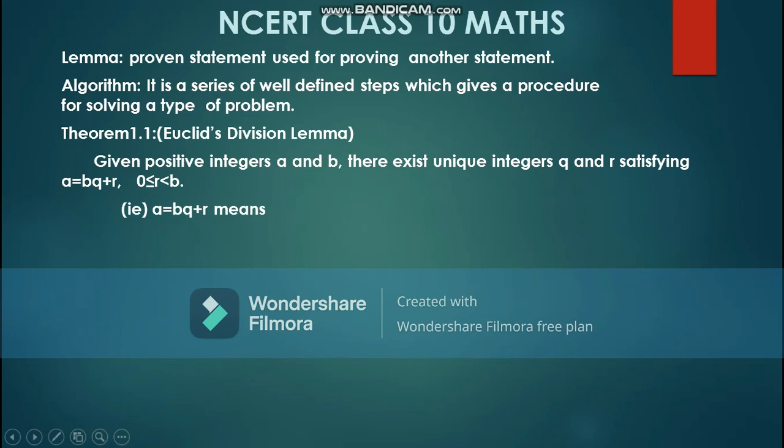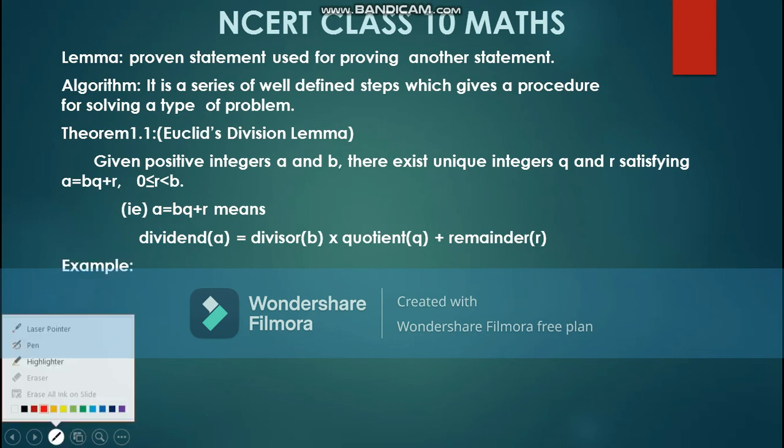This is Euclid's division lemma. What do we mean by a equals bq plus r? a is the dividend, b is the divisor, q is the quotient and r is the remainder.